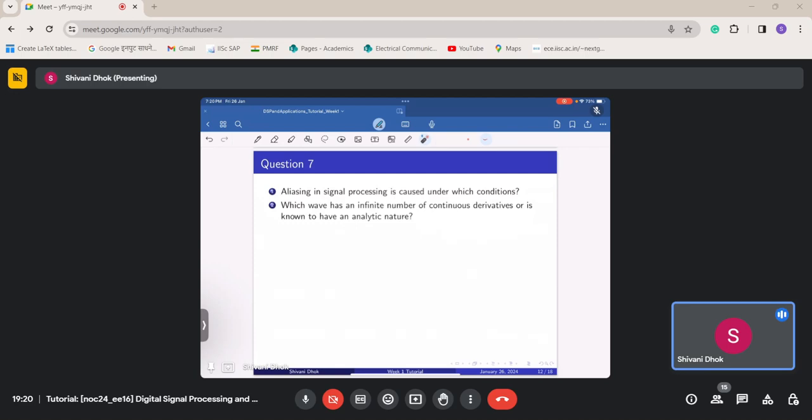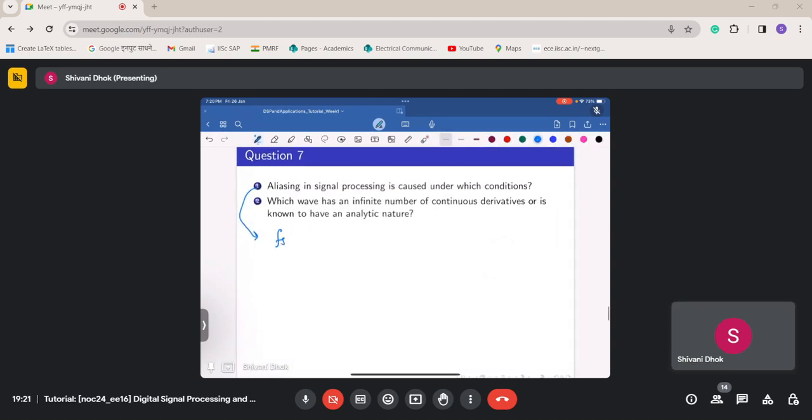Correct. What is f0? F0 is the signal frequency. Okay, but that is for a sinusoid. Now can you generalize it for any signal? For aliasing, Fs must be greater than 2 times Fm. No, sorry, less than 2 times Fm.